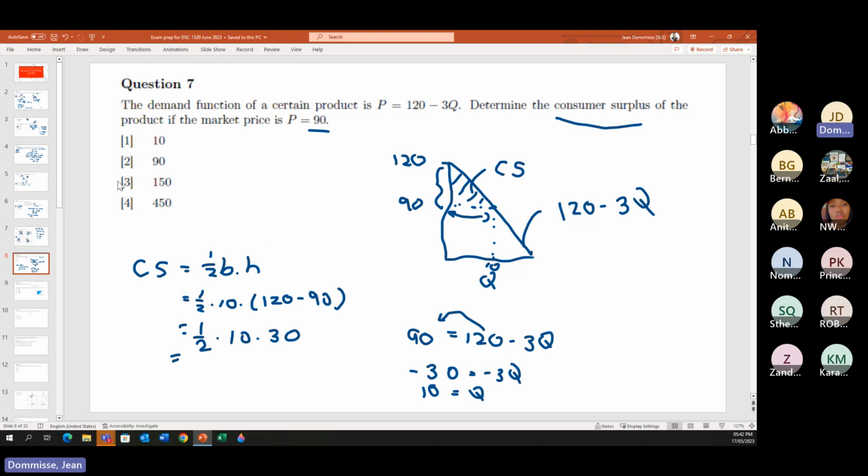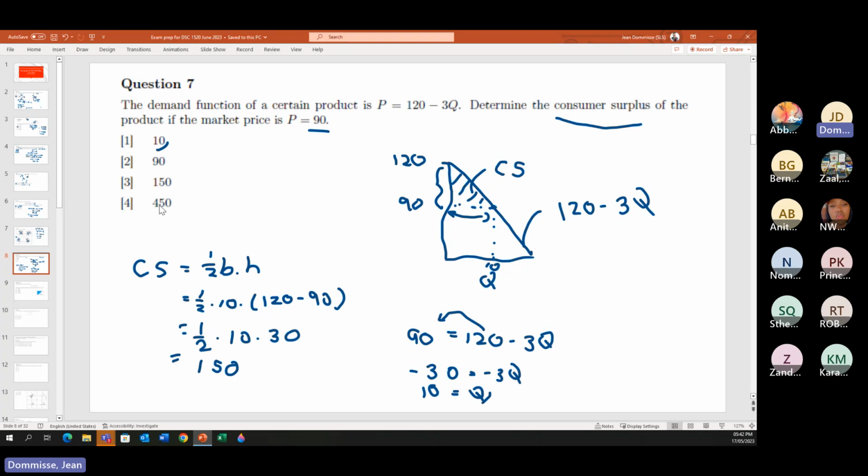Okay, let's just work that out. So 10 times 50 is 300, times a half is 150. Just look at where your Q is. Normally they will have that included there as well. The 90 is what we just replicated.